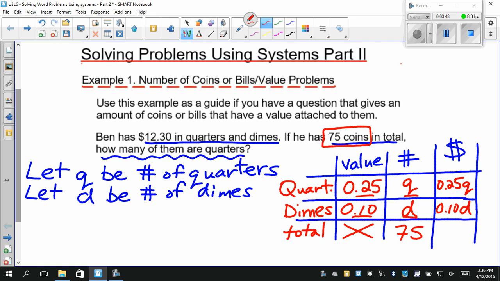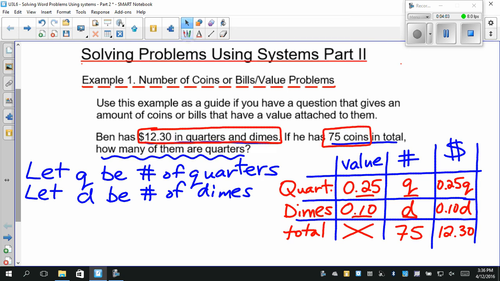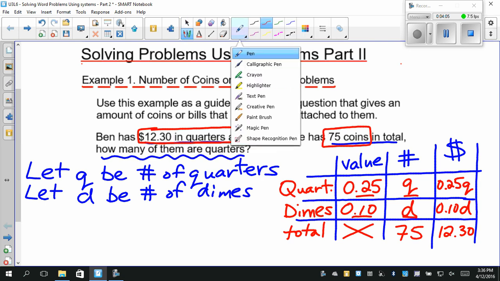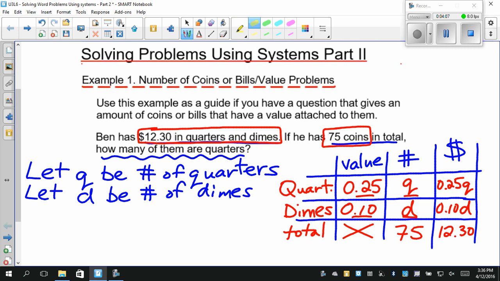And the other information they give us is that the total amount of money that we have in quarters and dimes is $12.30. So much like we did in the last note, we've got one equation created in that column, and our second equation is created in that column.